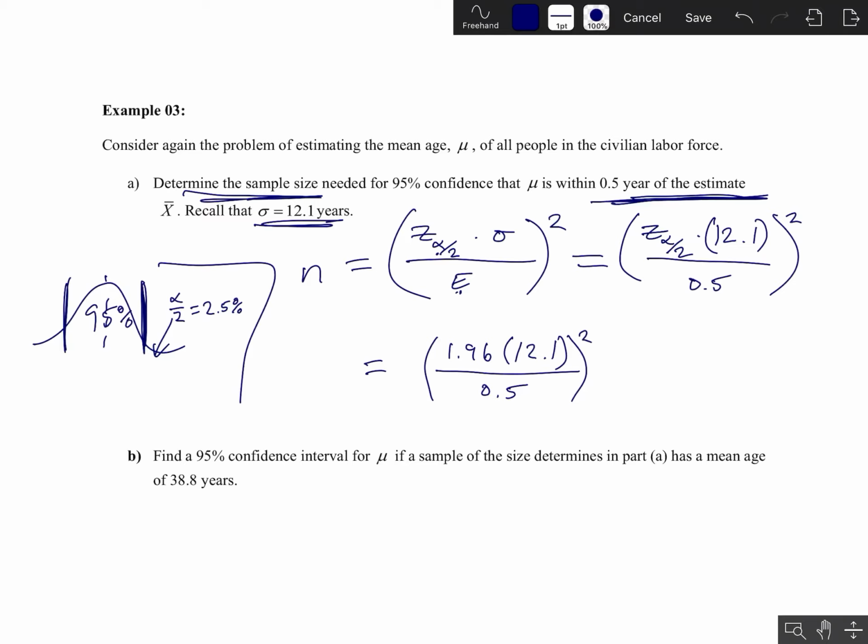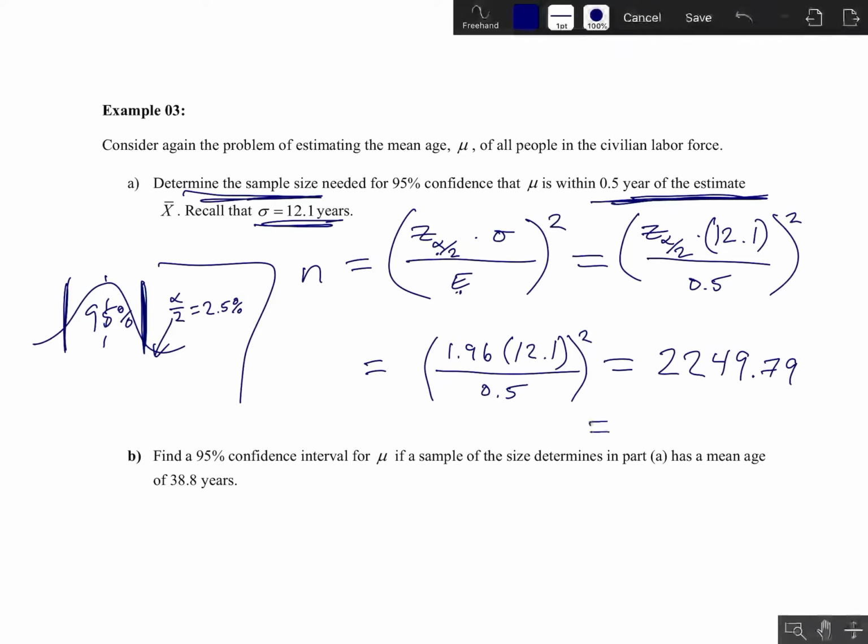So if we plug that into our calculator, what we'll get is 1.96 times 12.1 divided by 0.5, and then all of that should be squared. And if we do that, we get 2249.79. Now remember, this is supposed to represent the sample size.